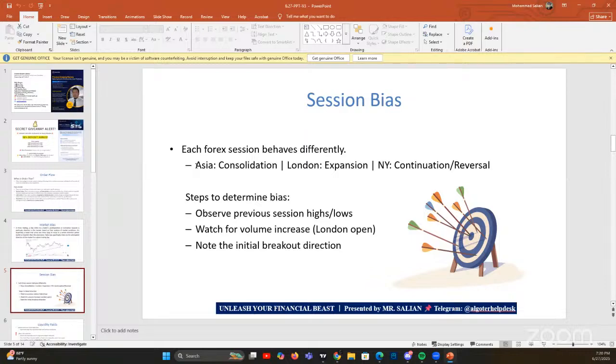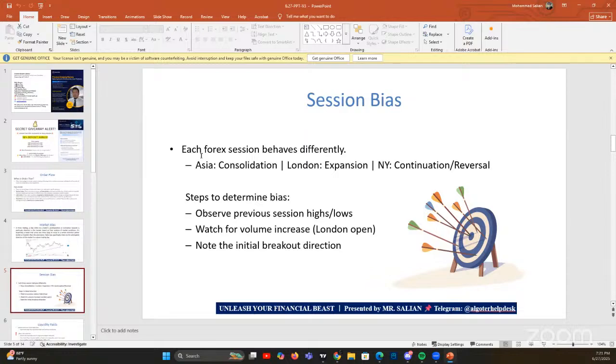It's just hitting one support and resistance, and it's just bouncing inside this. So that's consolidation. As for London, this will be the manipulation or expansion. It will either go to the highs of Asia or the low of Asia. And for New York, this will reverse the trend. That's why New York is very notorious as the reversal session, because it will reverse anything London does.